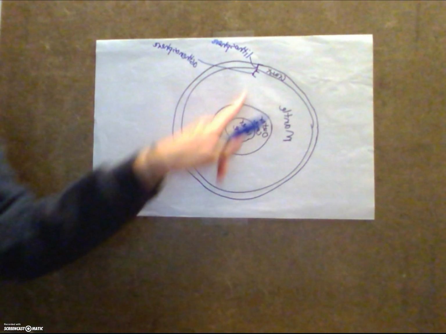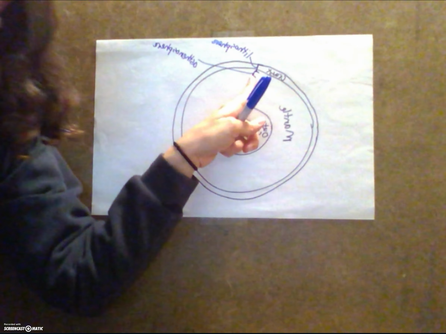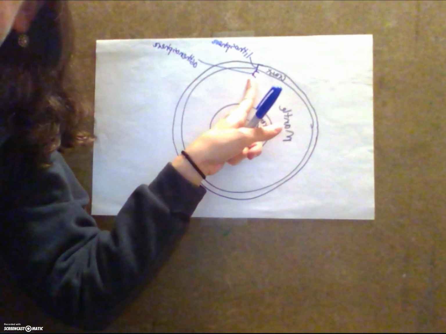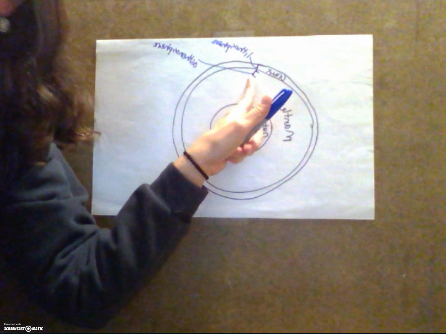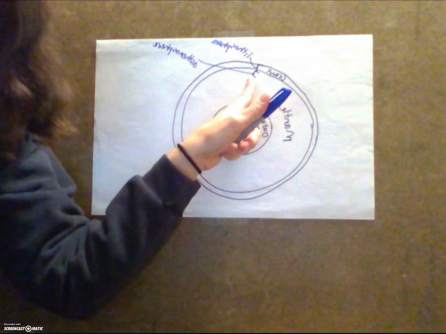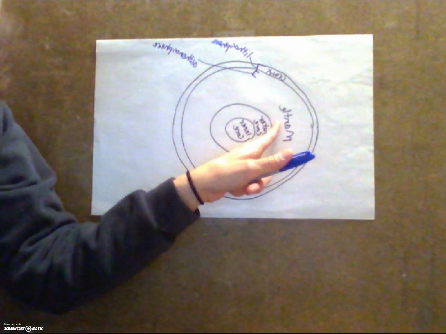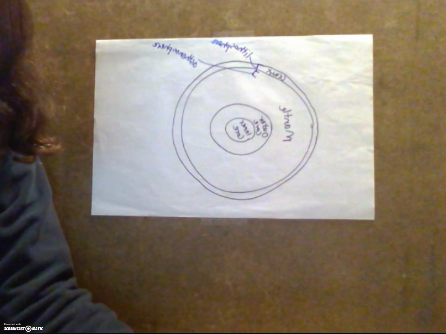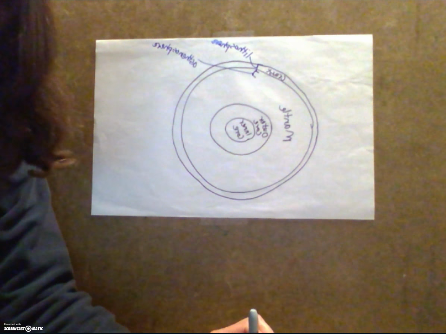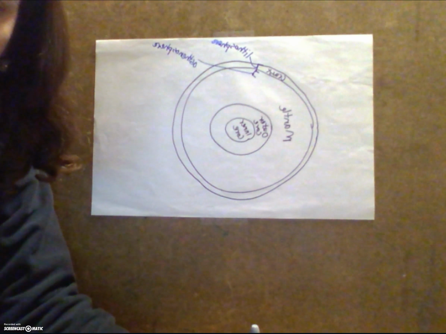Remember, the asthenosphere is directly below the lithosphere, but still in the top portion of the mantle. The asthenosphere does not extend very deep into the mantle.